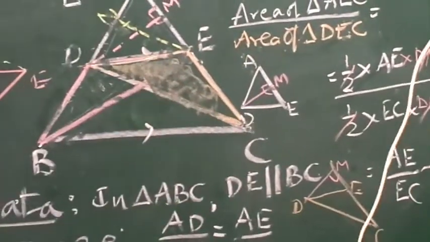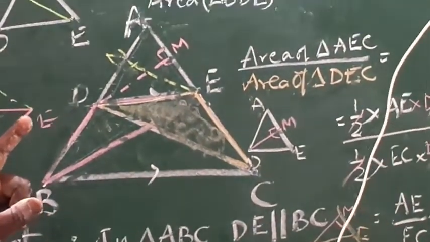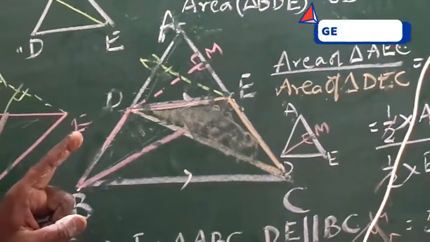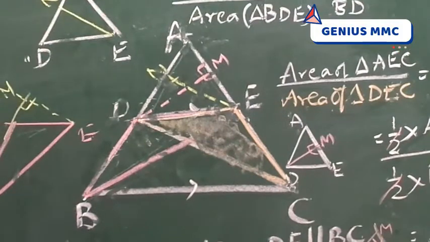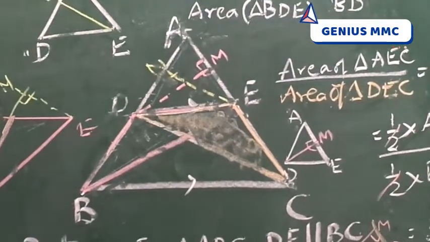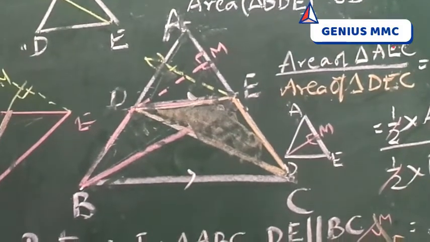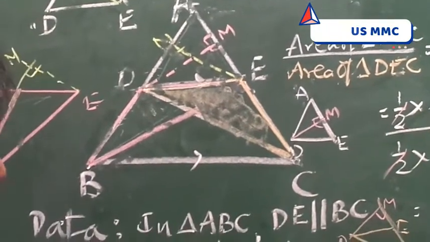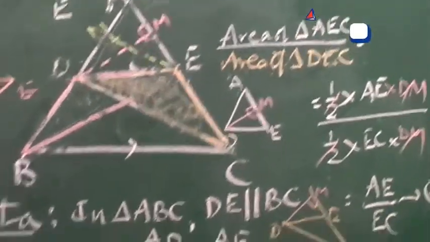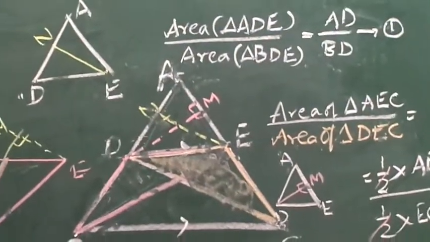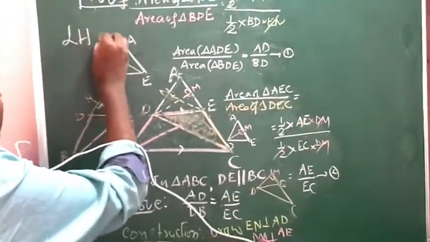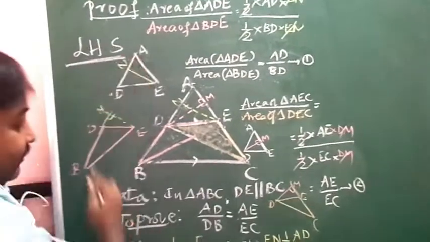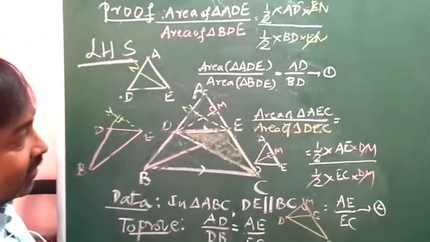So what is equation 1? Area of triangle ADE by area of triangle BDE equals AD by BD. This triangle and this triangle. And what is equation 2? Area of triangle AED by area of triangle DEC equals AE by EC. We observe both the triangles. Observe the LHS part.